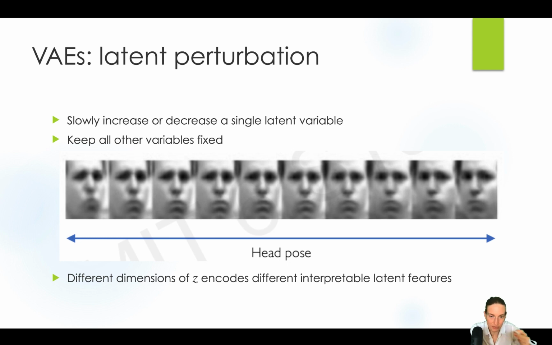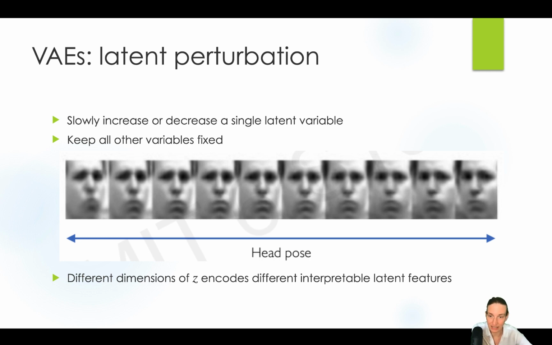So we can sample for a range of different values for Z from 0 to 1. And we might get something like in the image here, in which basically the face moves from side to side. So the head orientation seems to be what this particular latent variable represents. That means that we've actually disentangled an underlying semantically meaningful feature within our latent space.